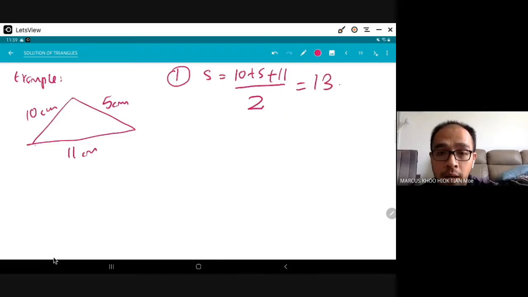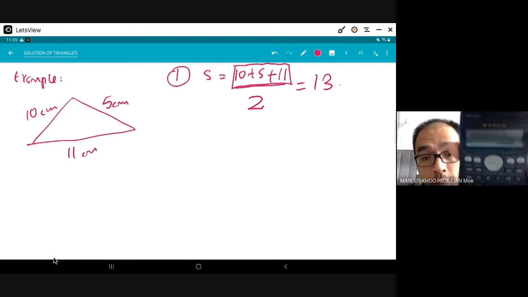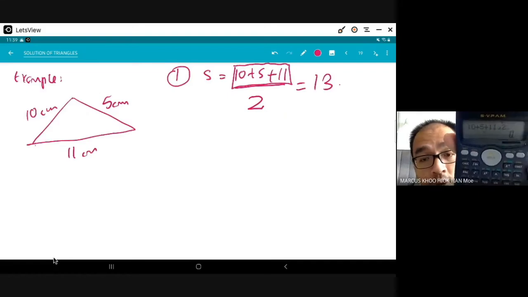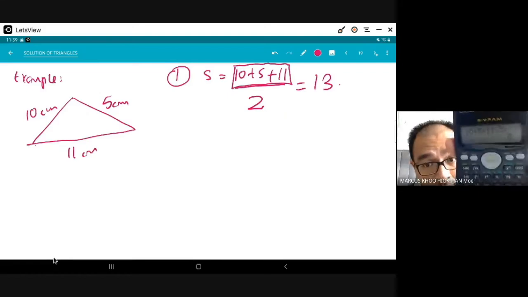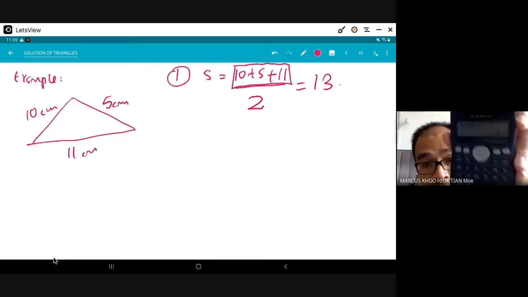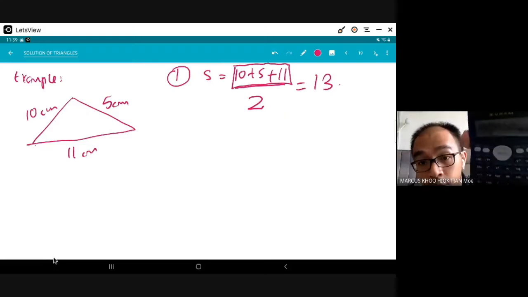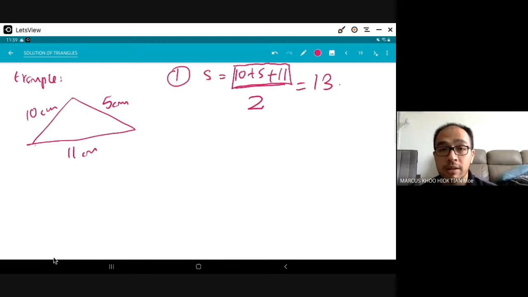I want to remind you, please total up the top first, and then you divide by 2. Don't type 10 plus 5 plus 11 per 2. If you type this, you will surely get the wrong answer. Remember, you must be smarter than the calculator. The calculator is supposed to help you, not supposed to teach you. So 10 plus 5 plus 11 equals 26, divided by 2, so S equals 13.